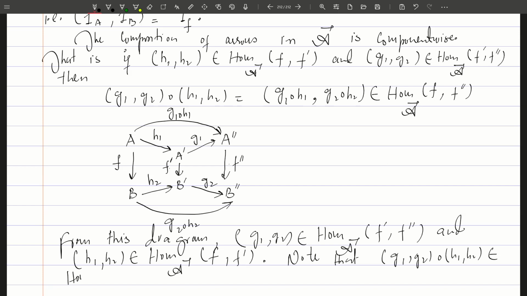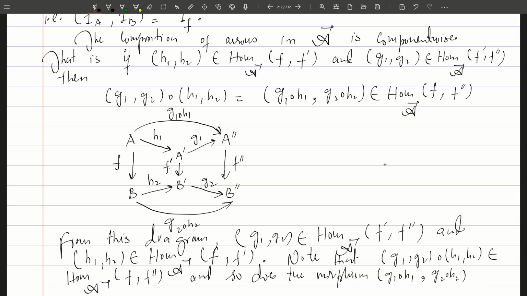This carries the object f to f double prime, and so does the morphism given by the pair G1 composite H1 and G2 composite H2.